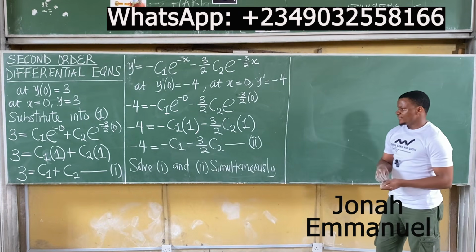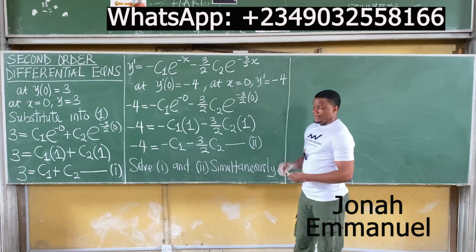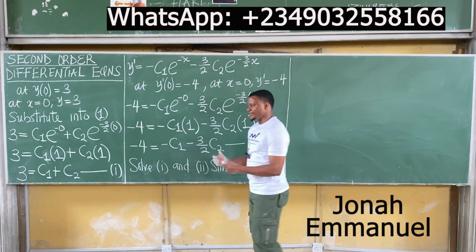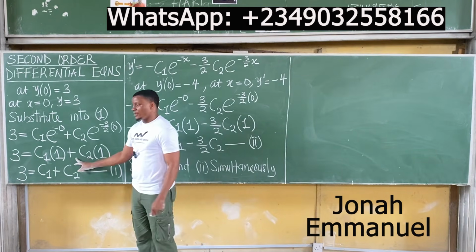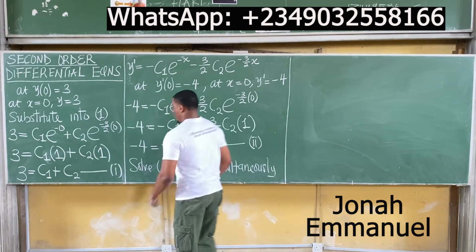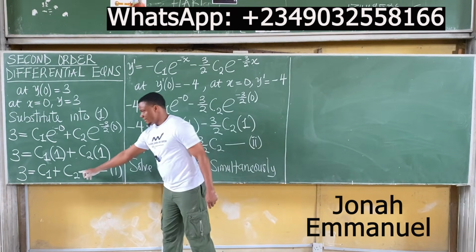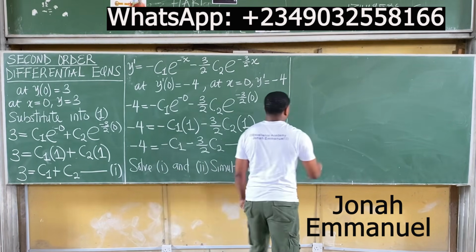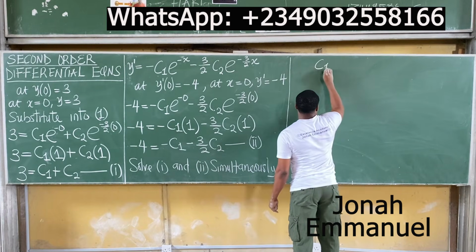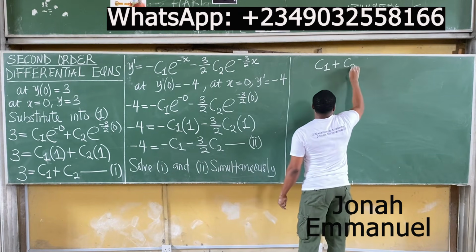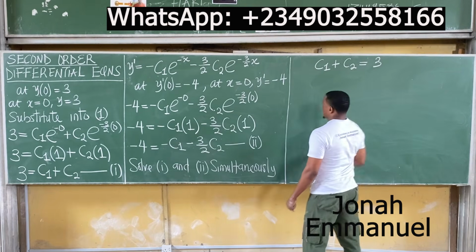All right, let's do that. What do we get? For the first one there, hope it's okay if I reverse this. By that I mean I'll write this one here equal to 3 instead. All right. So I'll write this one first as being equal to 3. So I'm saying this, I can write that C1 plus C2 is equal to 3. It is the same thing as this one here.